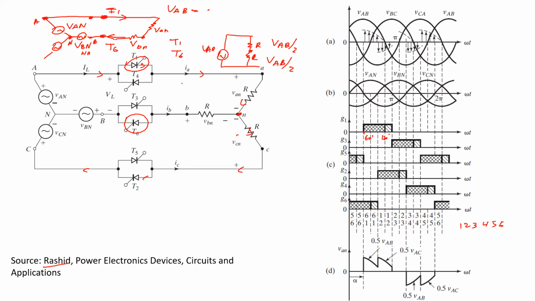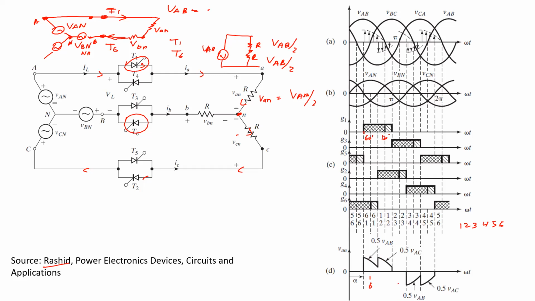Earlier I said our output voltage will be VAB over 2. See, this is the VAN. So VAN equals VAB over 2. That's what we have given here. In here our thyristors 1 and 6 have fired.